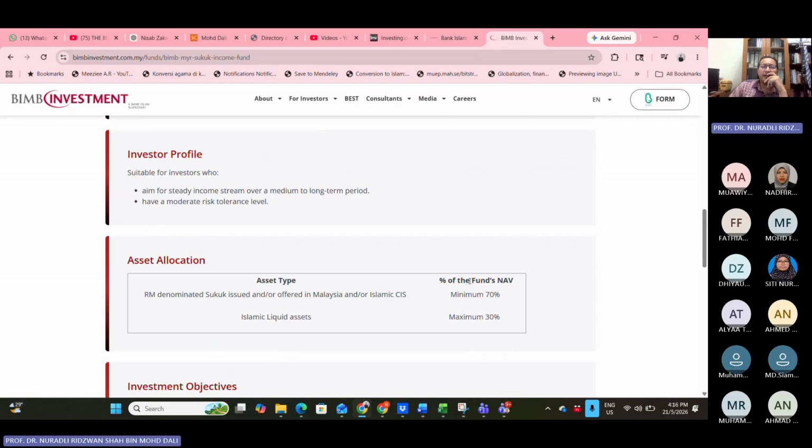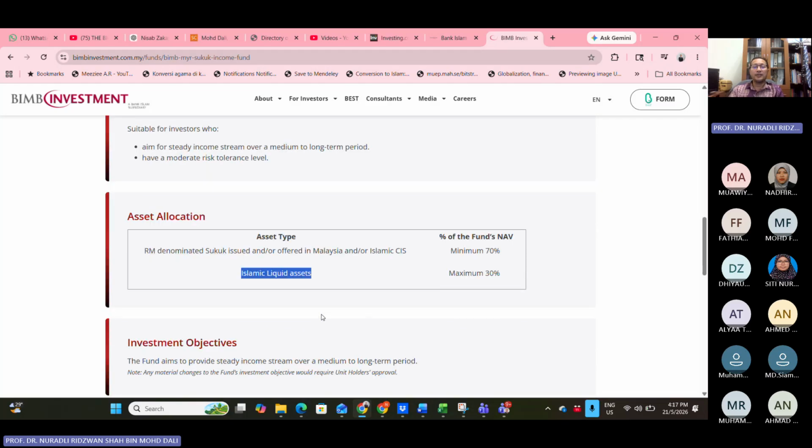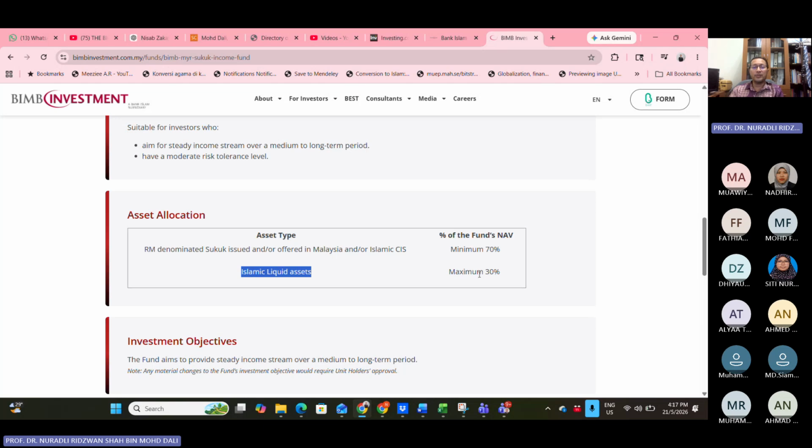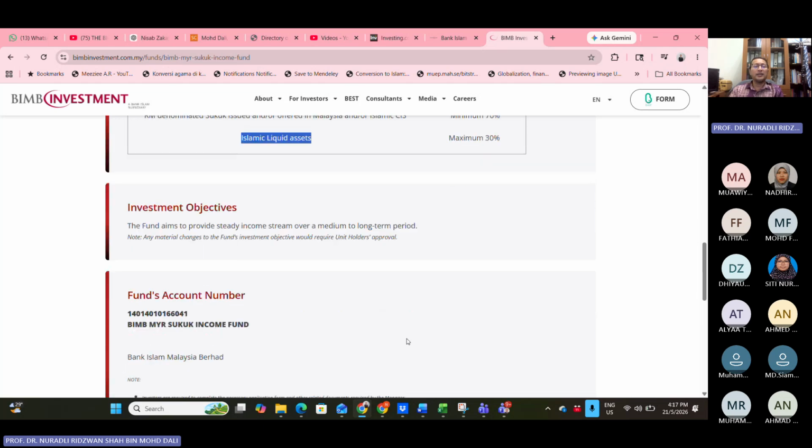So you see, they are giving the unit trust to manage the fund. But there is actually more, 70% towards sukuk issued and 30% Islamic liquid assets, which is money market. So we have 70% in sukuk, 30% in money market.